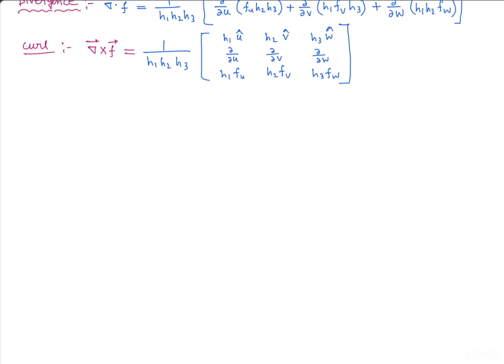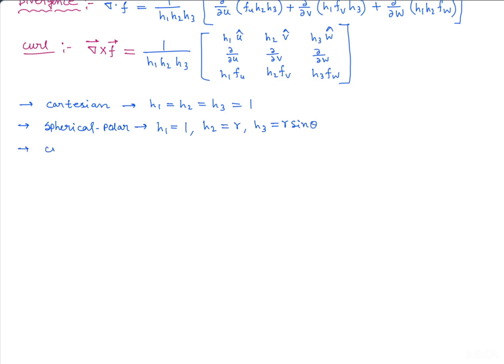Now for the Cartesian system, h1 equal to h2 equal to h3 equal to 1. For spherical polar, h1 equal to 1, h2 equal to r, h3 equal to r sin theta.